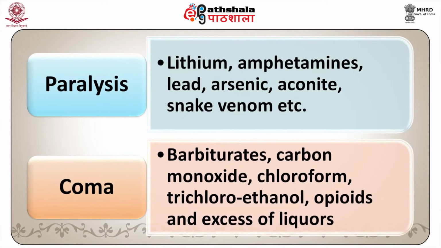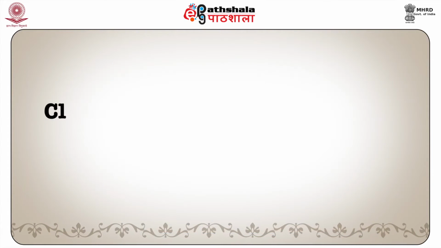Paralysis is caused by the poisoning of lithium, amphetamines, lead, arsenic, aconite, snake venom, etc. And coma is caused by the poisoning of barbiturates, carbon monoxide, chloroform, trichloroethanol, opioids and excess of liquors.